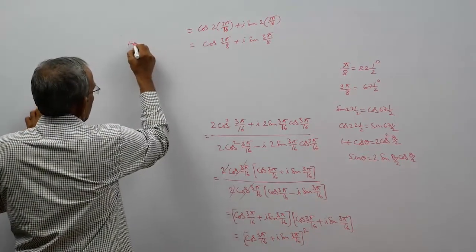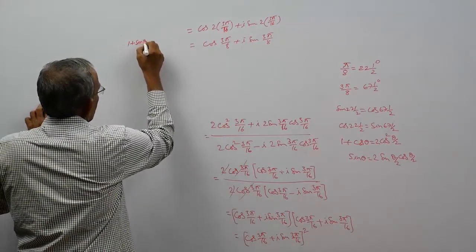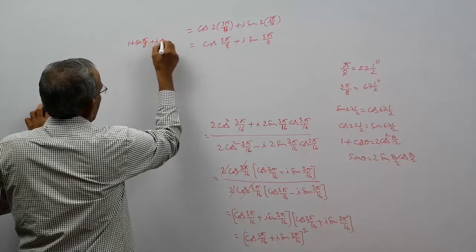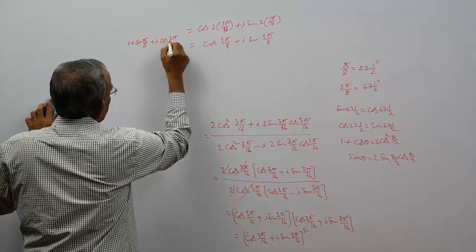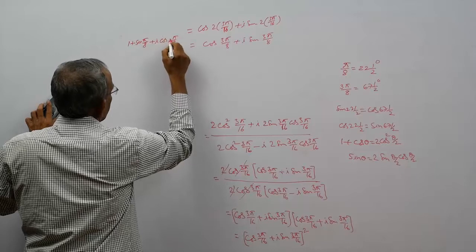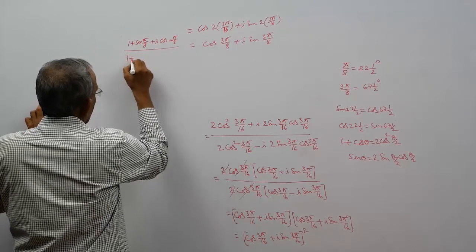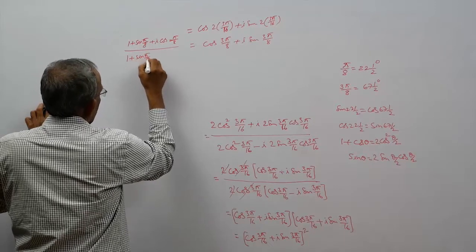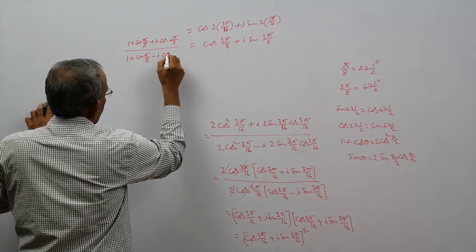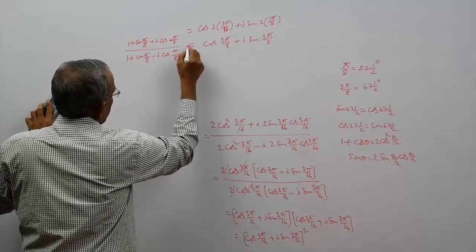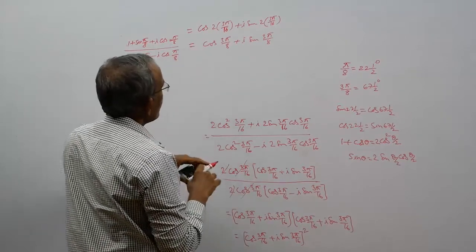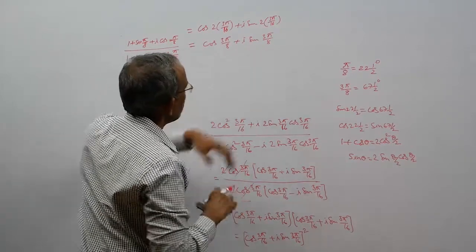That is equal to 1 plus sin pi by 8 plus I cos pi by 8 by 1 plus sin pi by 8 minus I cos pi by 8. This is equal to cos 3 pi by 8 plus I sin 3 pi by 8.